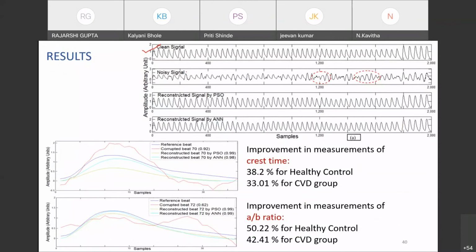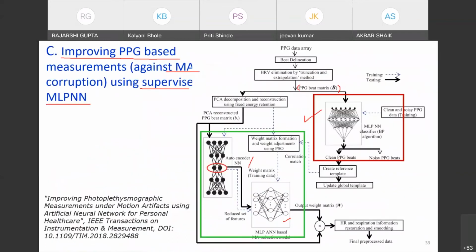And this is the noisy signal. You can see that here and here the signal is almost fully corrupted. Now, the basic notion was that if this blue one is the reference beat, then we can correct this beat by multiplying each of the samples with a weight factor, and these weight factors are provided by this multi-layer perceptron neural network. That was the basic notion.